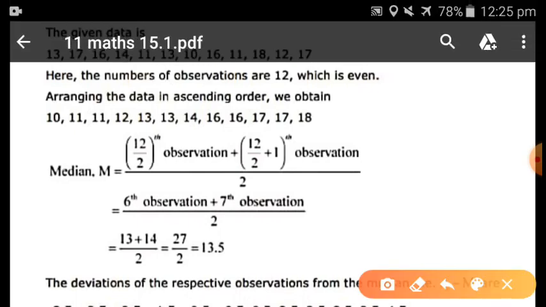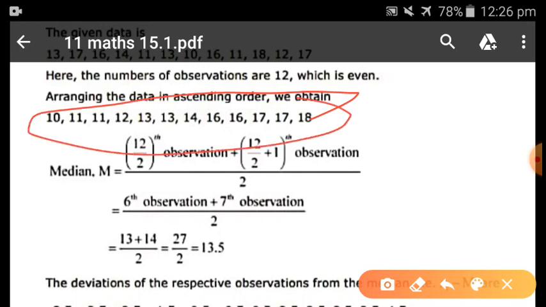And the first thing you need to remember is that these values should be arranged in ascending order. Don't forget that. After arranging in ascending or descending order, you need to find the exact middle value. Number of observations 12 are there, that's why you get the 6th and 7th observations.